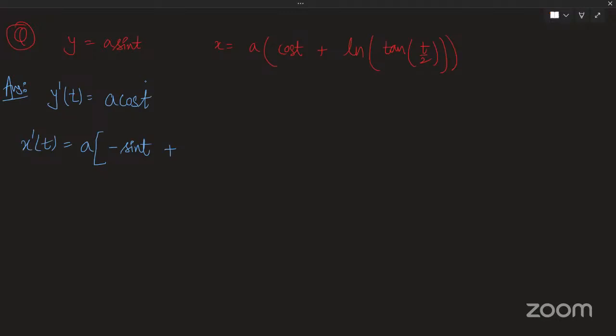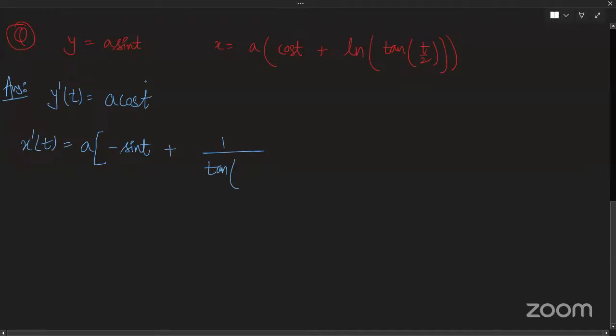So 1 by tan of t by 2, multiplied by secant square of t by 2, into 1 by 2. Absolutely correct. I hope all of you have got how it came.